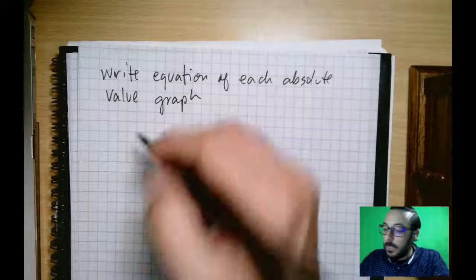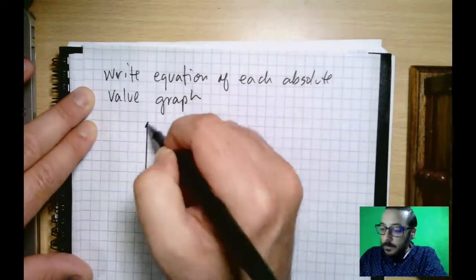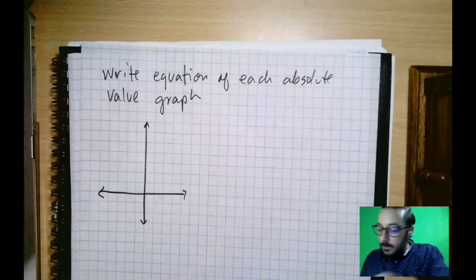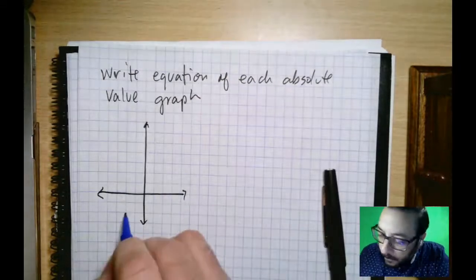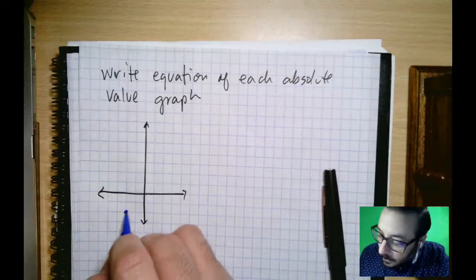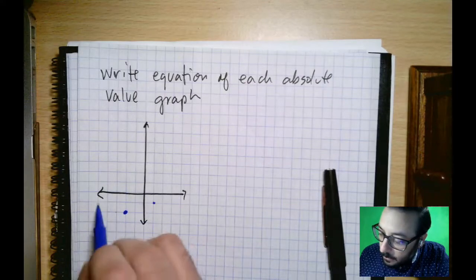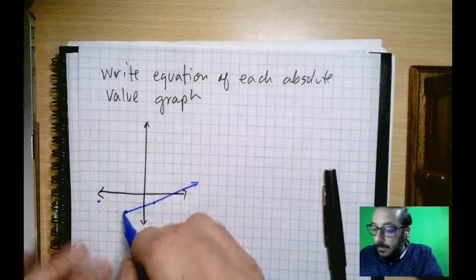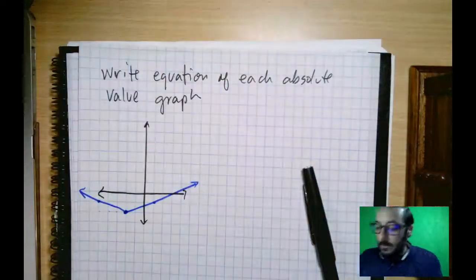Okay, so the first one. Now bear with me, hopefully I don't draw this as terribly as I did last night in my notes. It would have been easier if I just had graphs ready, but okay, so what are we going to do?